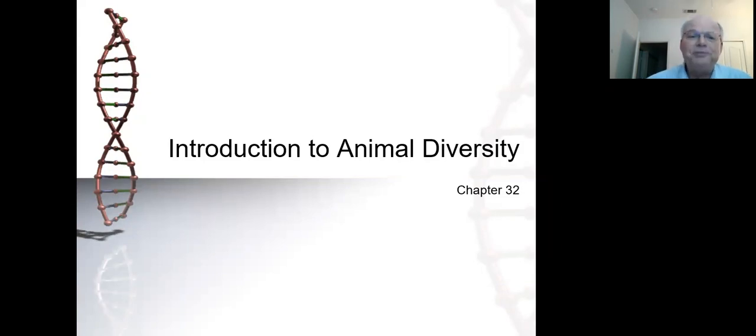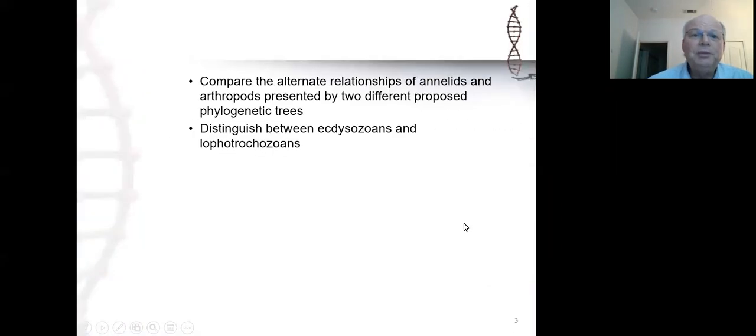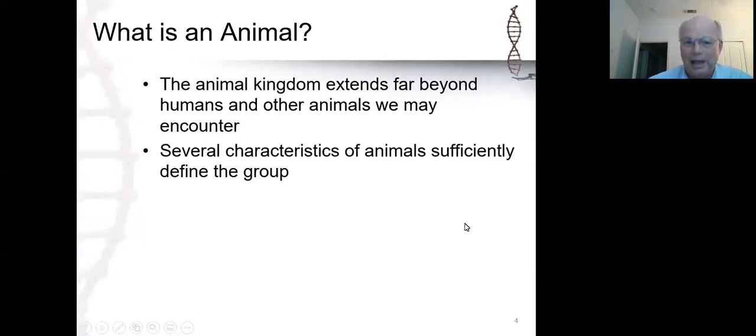But let's start out by trying to define a little bit more precisely what we mean by an animal, because while you may think that you know what an animal is, biologically, we need to be a little bit more definitive. So there are some characteristics that we associate with an animal.